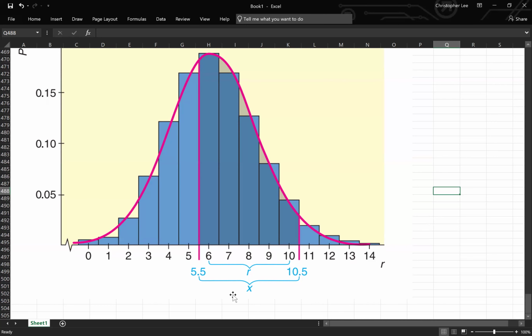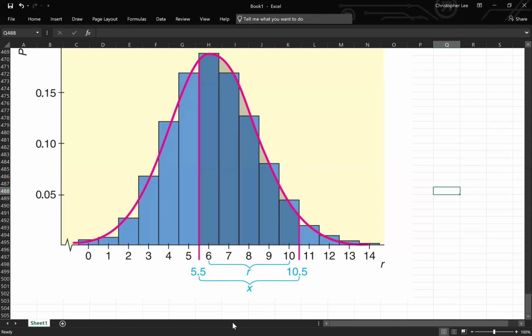That's what this little space here is, the yellow triangle stuff. When you add this up, that's the error that we had. The bars are the actual binomial distribution, that's the answer right there, and the red curve is the normal distribution, the approximation to it.